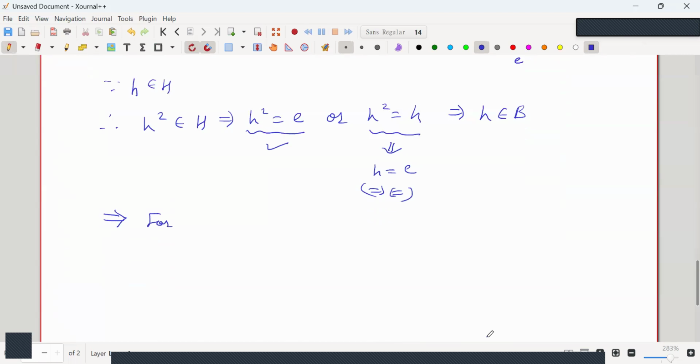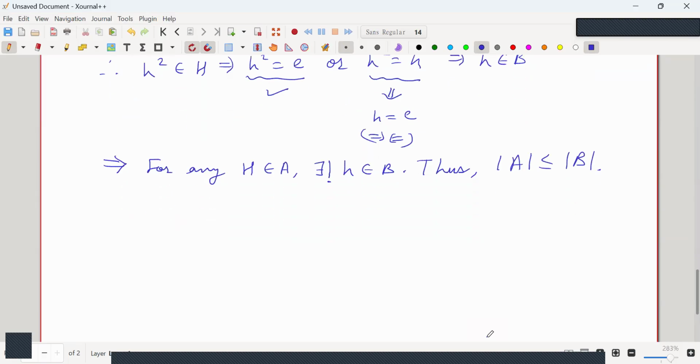For any capital H inside A, there exists a unique small h inside B. So thus size of A has to be less than or equal to size of B. Now, what about the other part?